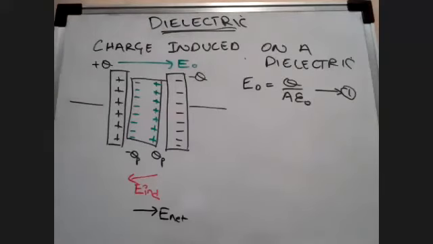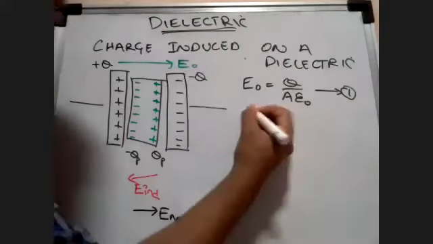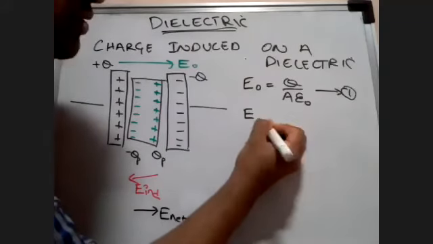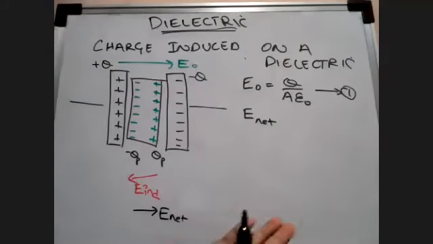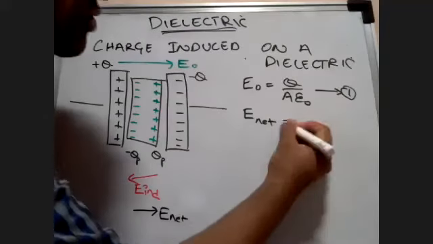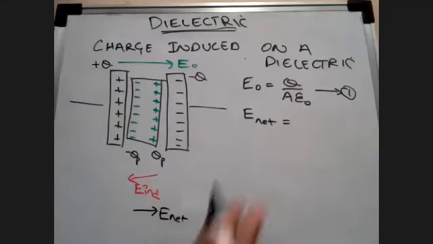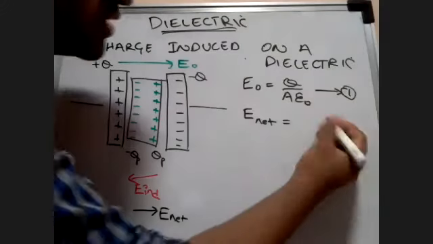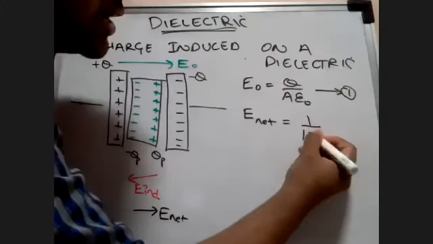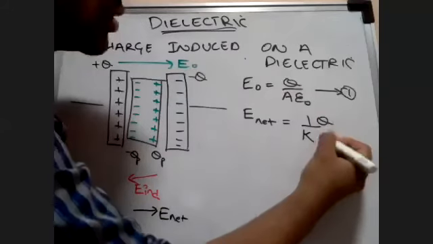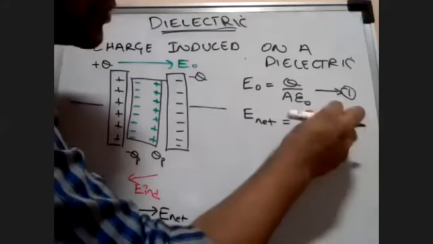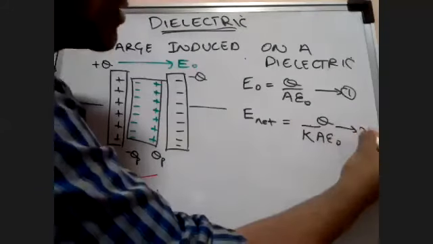Remember, E net will be Q upon K A epsilon naught. How else can you remember it? 1 by K times the external electric field. So E net is equal to 1 by K times Q upon A epsilon naught. This is my second expression.